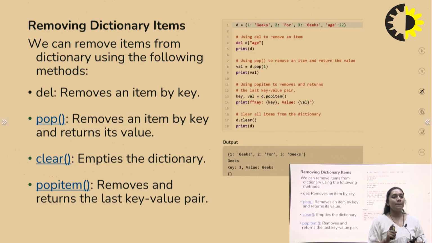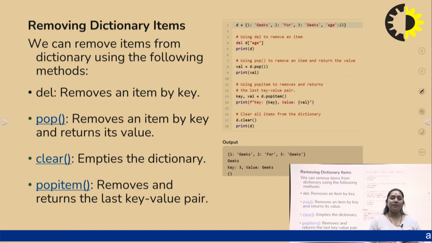Next is the pop function. The pop function removes an item by the key and returns its value. Next is the clear function. The clear function empties, that is, it clears all the dictionary items available in Python programming, right? Next is popitem. It removes and returns the last key-value pair.